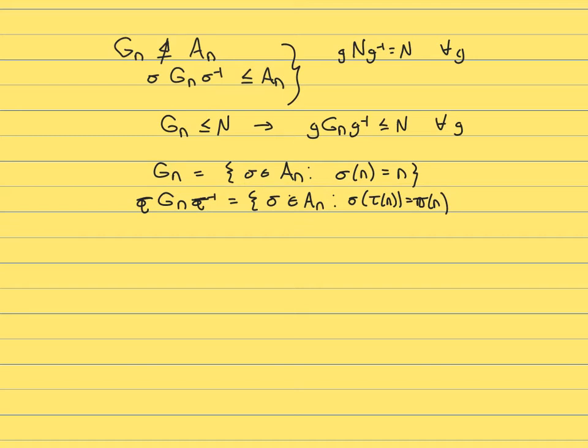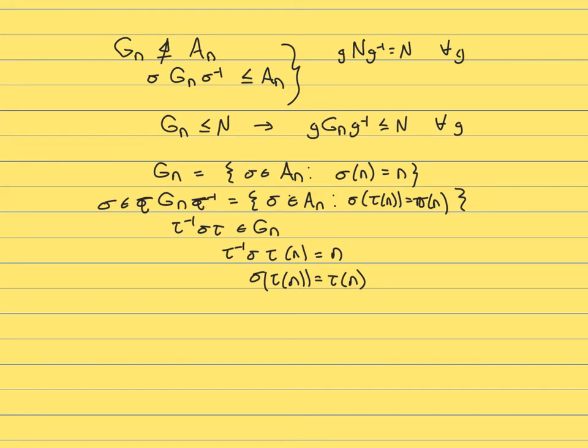Right, let me do this more carefully. So suppose you have something in here. That means that tau inverse sigma tau is in Gn, which means that tau inverse sigma tau of n is equal to n. Which means sigma tau of n is equal to tau of n. Okay, I now verified the thing I thought was true.